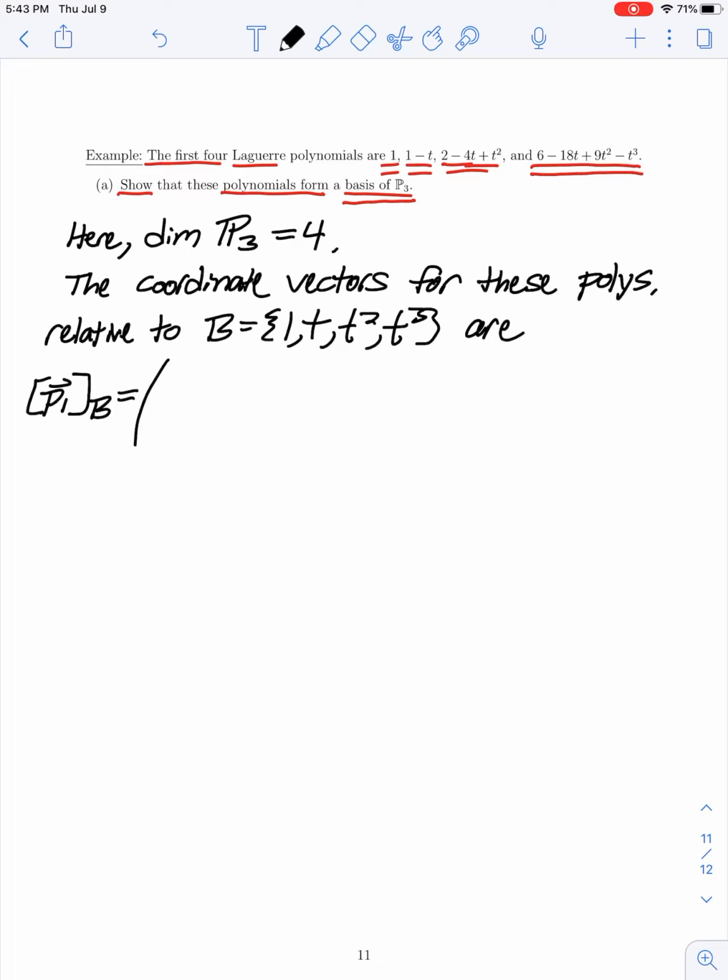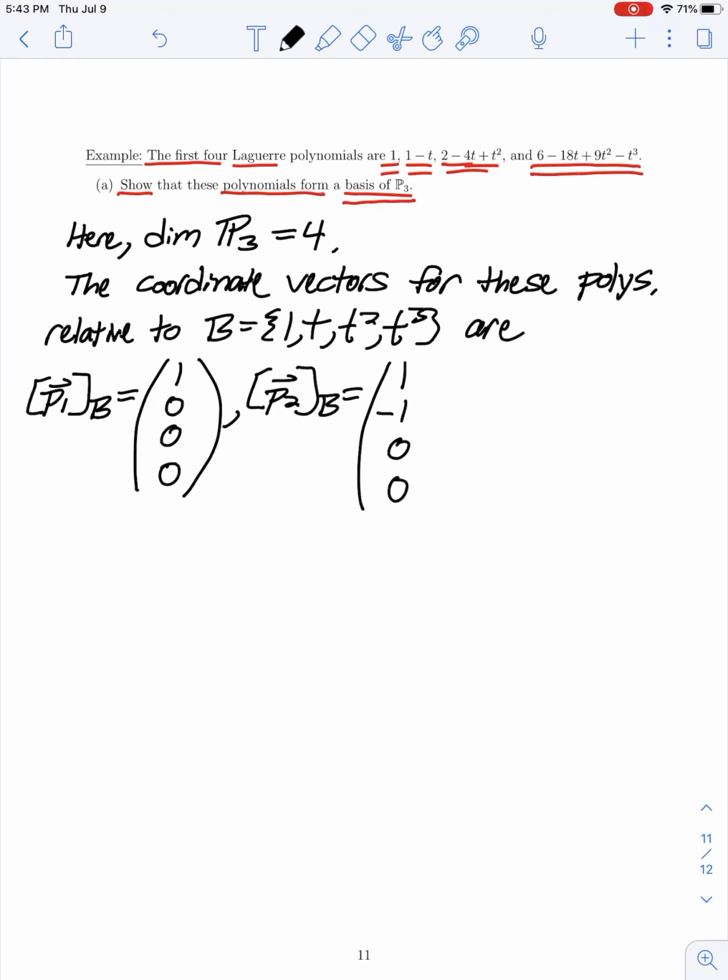These vectors are P1, which is equal to 1, and then there was 0t, 0t squared, and 0t cubed. The coordinate vector for the second polynomial with respect to our basis B, well, we had 1 minus 1t, 0t squared, and 0t cubed.